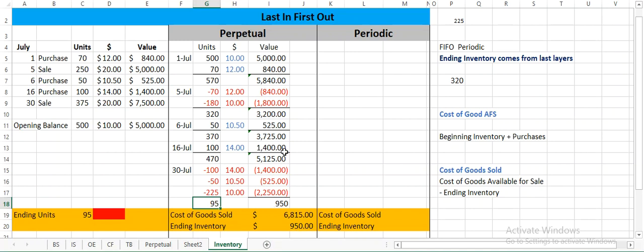Ending inventory equals the ending value we calculated. Cost of goods sold is the total of all of the costs we recorded as a result of the sales, because those cost of goods sold work together with sales. Okay, and that is the perpetual method, last in, first out.